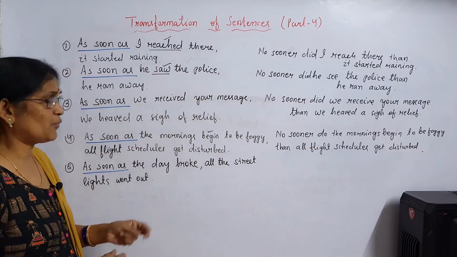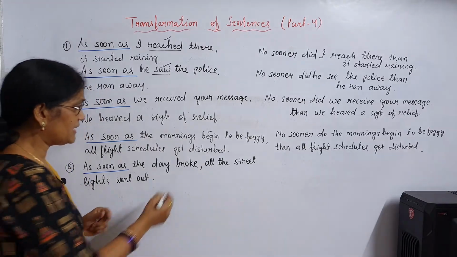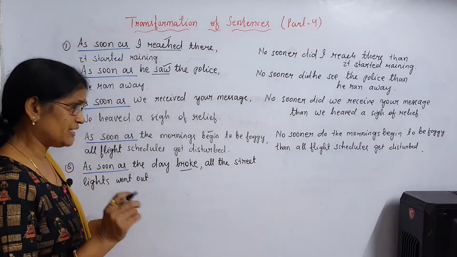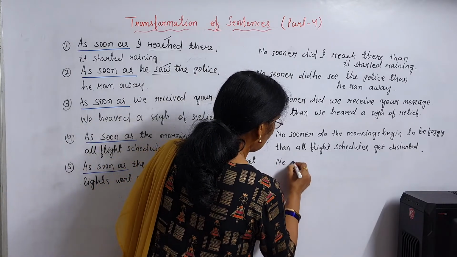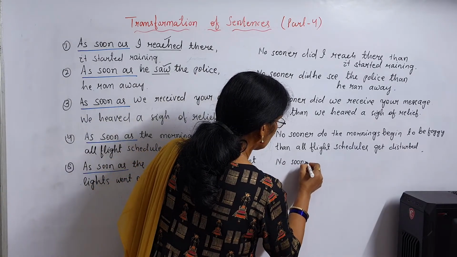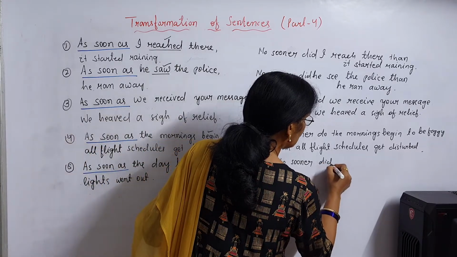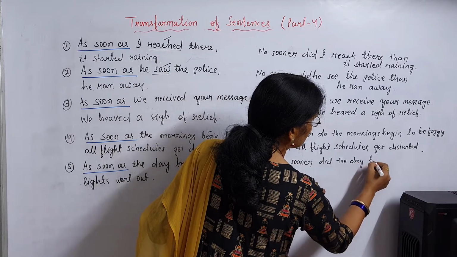As soon as the day broke, all the street lights went out. Here broke is the verb. Break, broke, broken. Simple past. So did is the verb there. As soon as will become no sooner. No sooner did the day break.